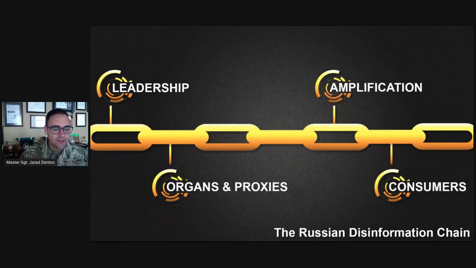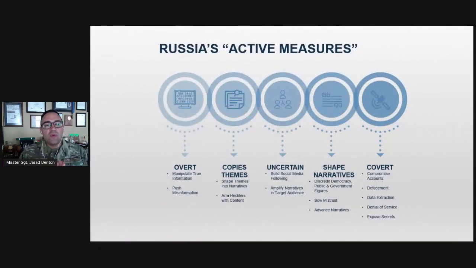It's very difficult to. So that kind of leads into the next step, which is what are the active measures that a country like Russia is doing with those false narratives, with disinformation. And you see that some of these are overt. Some of them take the themes that are actually facts, and then they copy them with a little bit of a twist.